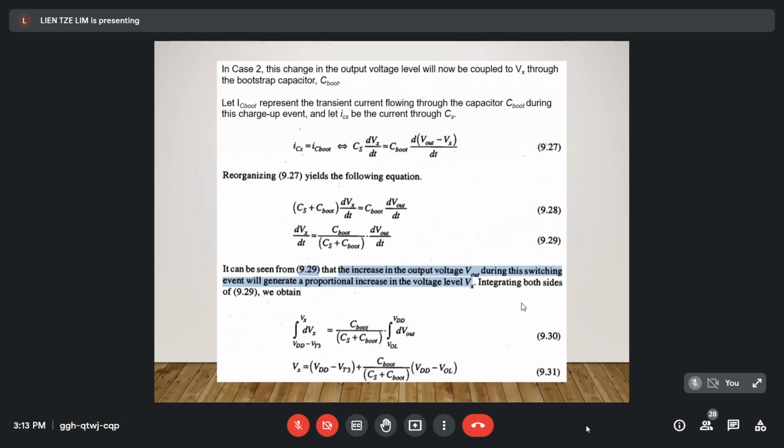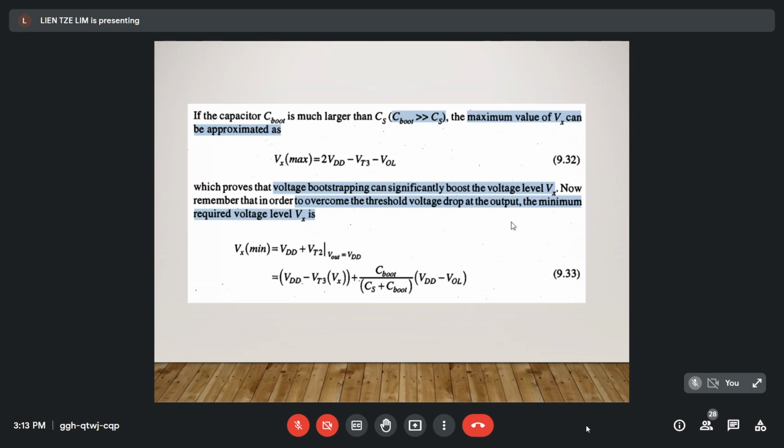There are also some formulas here that I include in the slide. Later I will upload them for your lecture notes. I will not explain further, I show them only and let you study further if you want to know the relationship between C boot and CS.